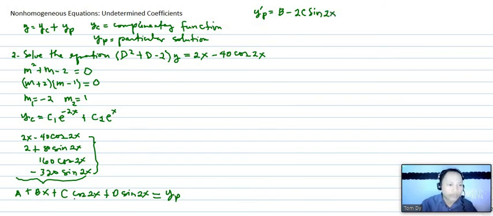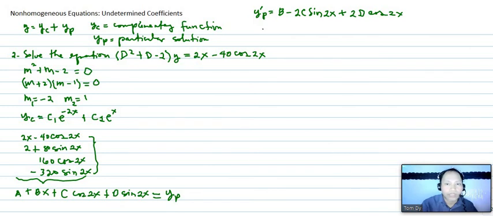And the derivative of sine 2x equals cosine 2x times 2, so plus 2d cosine 2x. That is our y sub p prime.